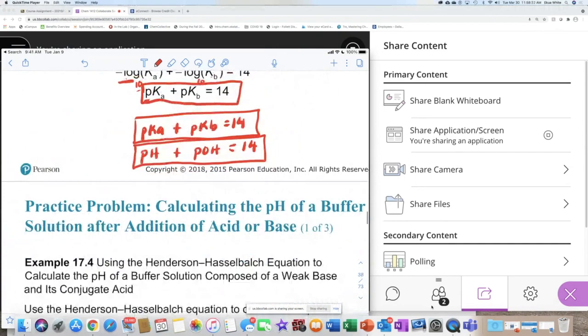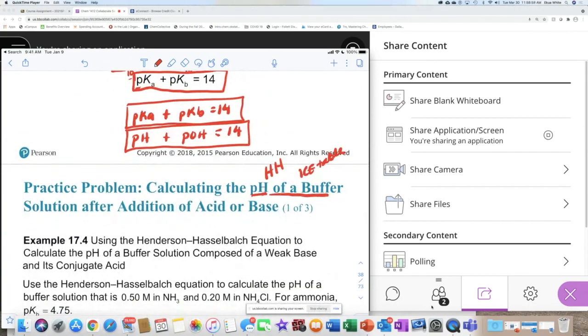Okay. We are now going to be figuring out the pH of a buffer solution after adding acid or base. So they want us to get the pH again of the buffer. Ooh, remember I said this last week. When you're trying to figure out the pH of a buffer, you have two possibilities. You can use the Henderson-Hasselbalch equation or you can use the ICE table, whatever you're comfortable with. Okay? And then they say here after they've added an acid or base.